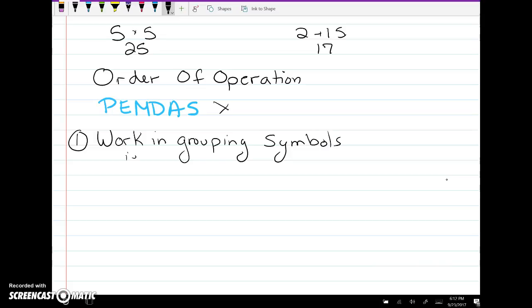Those are our parentheses, our brackets, ellipses, and the fraction bar.